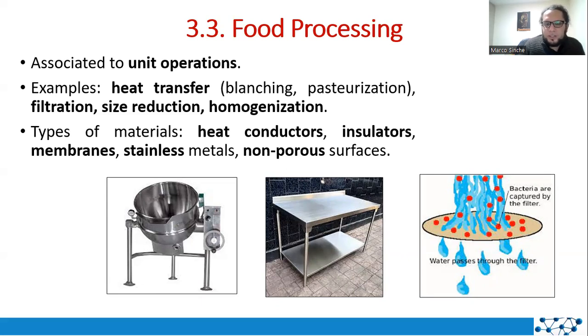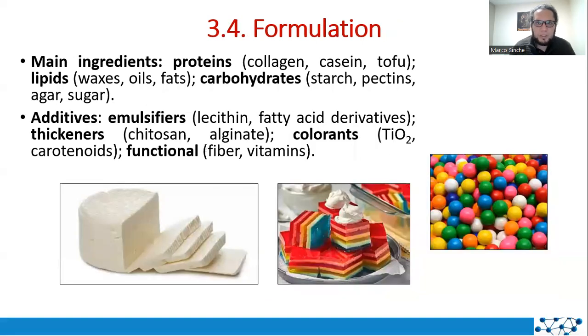In the case of filtration, for example, one could choose a membrane that has a specific pore size, which will allow some liquids to pass, but will retain other type of particles, bigger particles, or even microorganisms. Regarding food safety, it's also important to have, for example, tables that are made of stainless metals and that are non-porous in order to avoid food contamination.